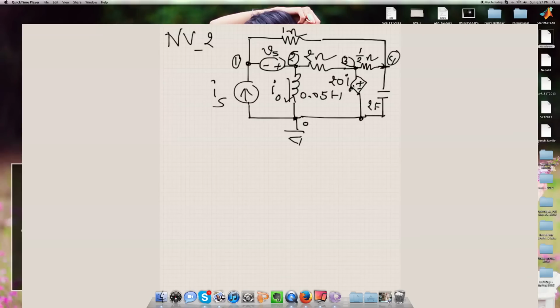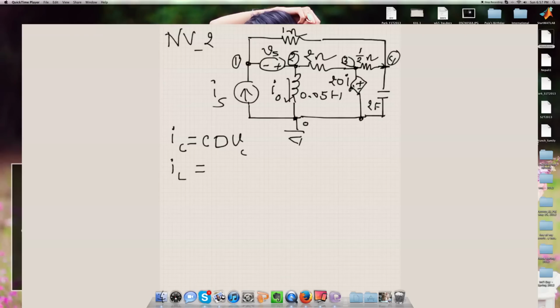So let's remember the relationships. I sub C, current passing through a capacitor, is given by capacitance times D, the differentiation operator, times V sub C. And using Faraday's law, we can get I sub L, which is the current passing through an inductor.